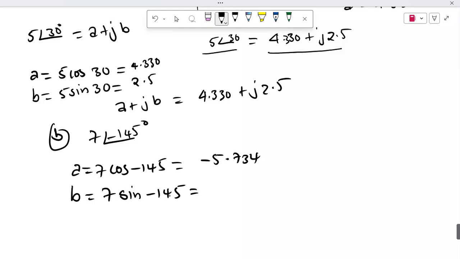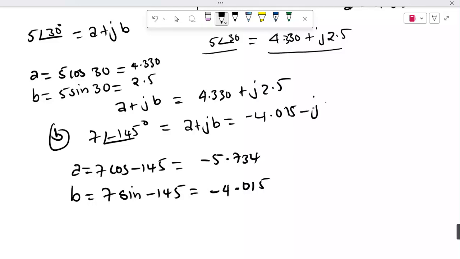Then 7 sine negative 145 is equal to negative 4.015. So in terms of A plus jB, A is negative 5.734, and there is a minus here, minus j4.015.